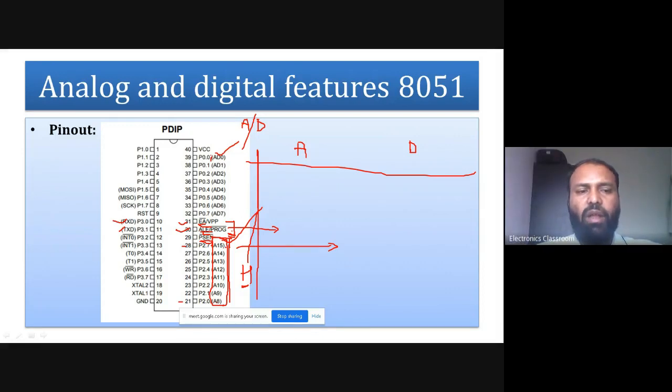And whenever it is used for data, those port 0 pins will have the function D0, D1, D2, D3, D4, D5, D6, D7, and port 2 will act like normal input output.